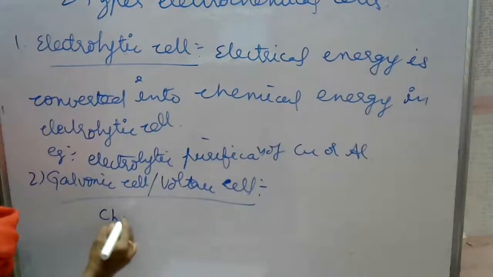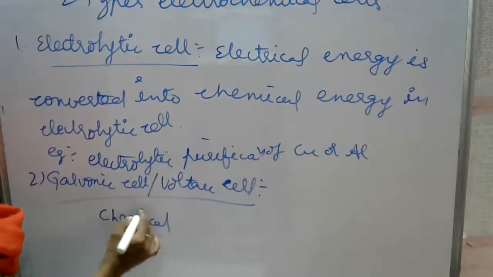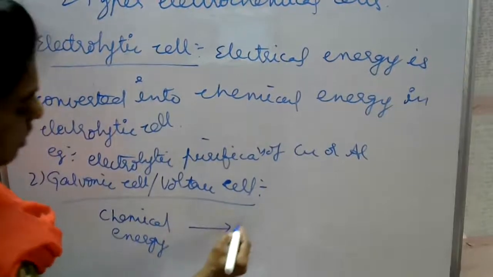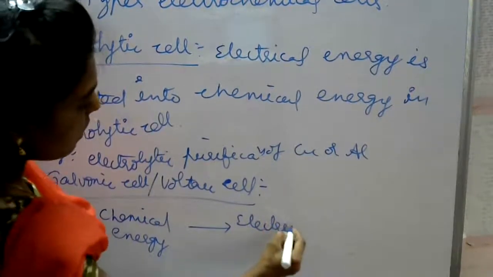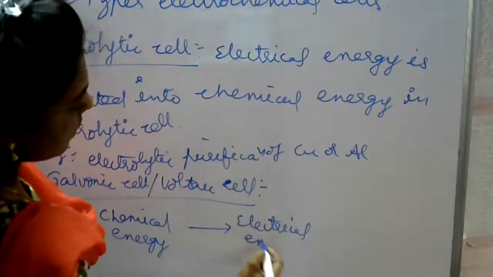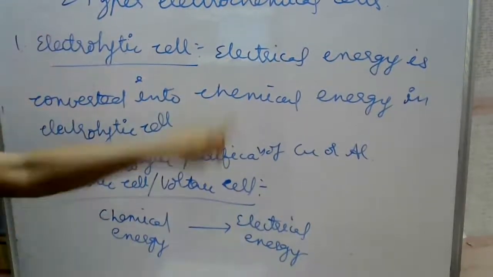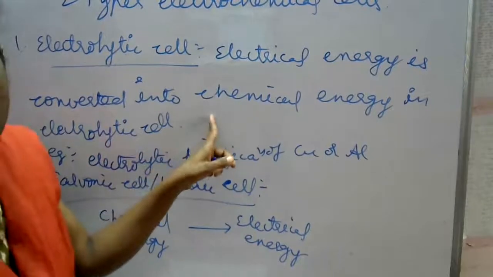Chemical energy is converted into electrical energy, and vice versa in electrolytic cells.